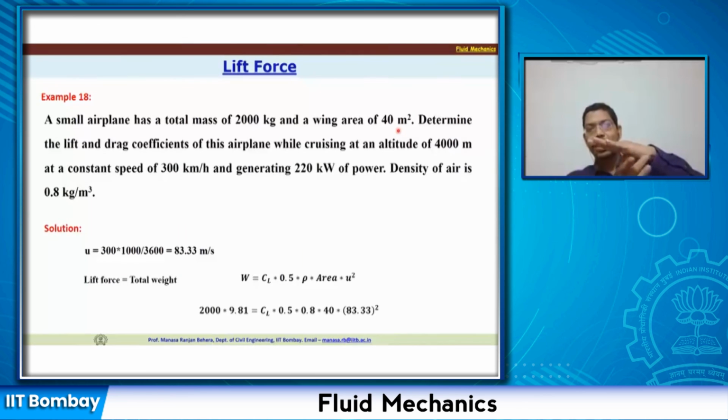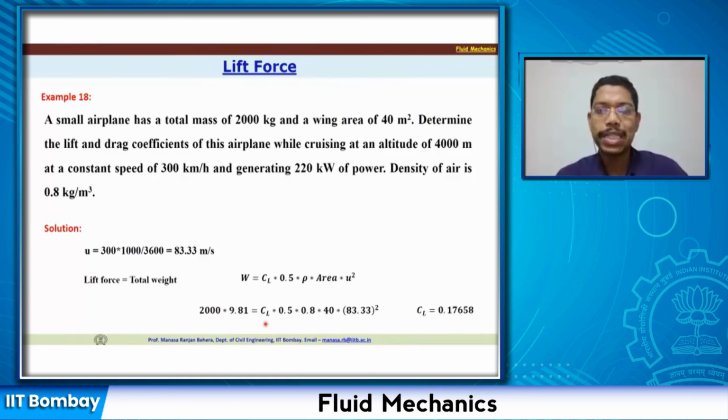That area can vary from place to place, but the total area is given as 40 square meter, and on that the lift force is acting. With A as 40 and u as 83.33, by substituting all the values we can calculate the only unknown, CL. CL comes out to be 0.17658. So this is my CL.